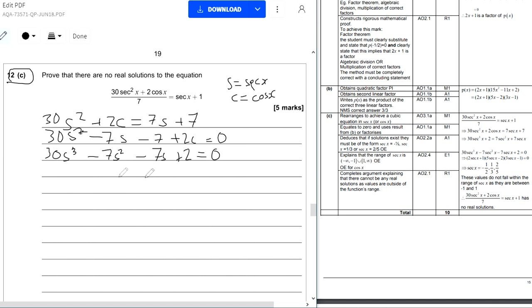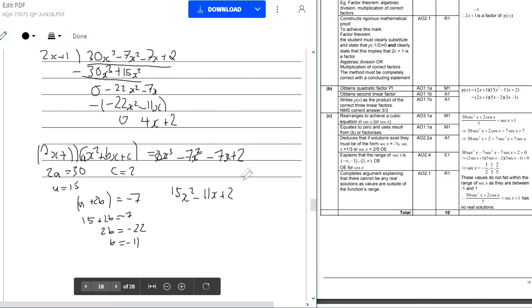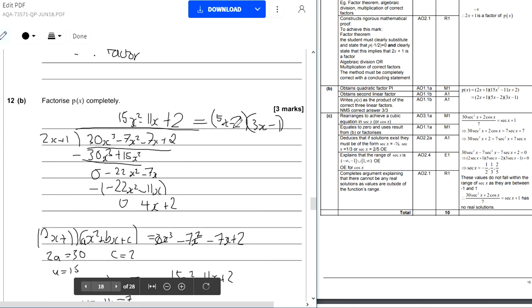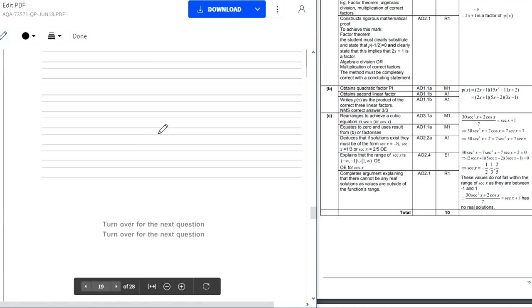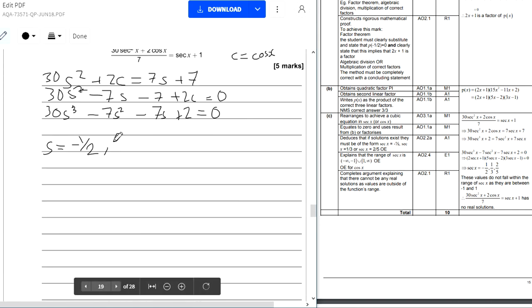But we know that the solution to this is s is either minus a half, 2 over 5, or 1 over 3.